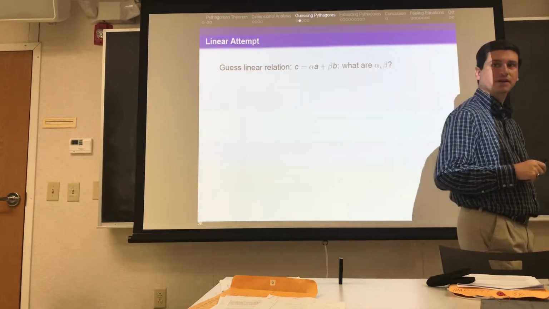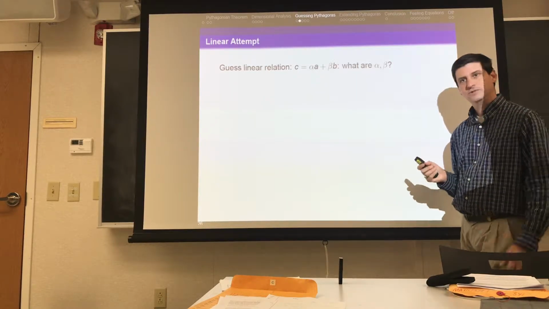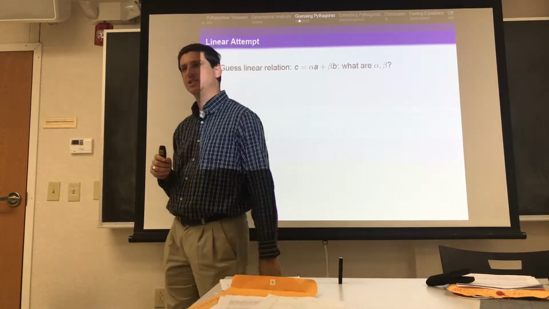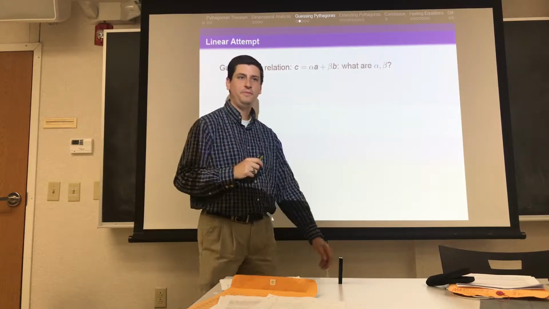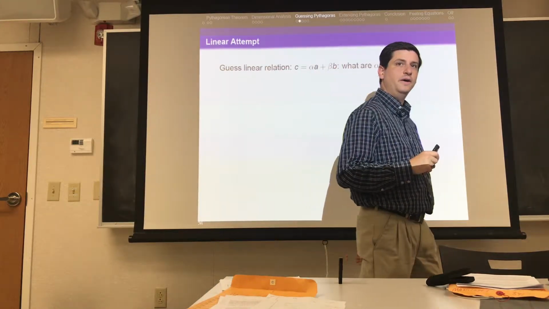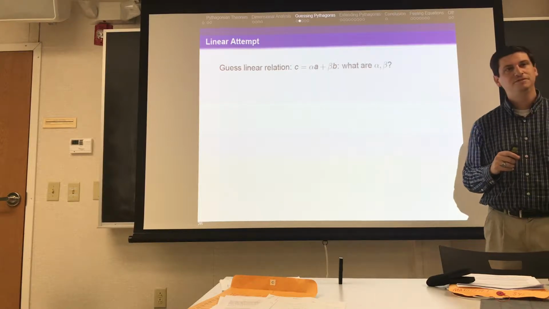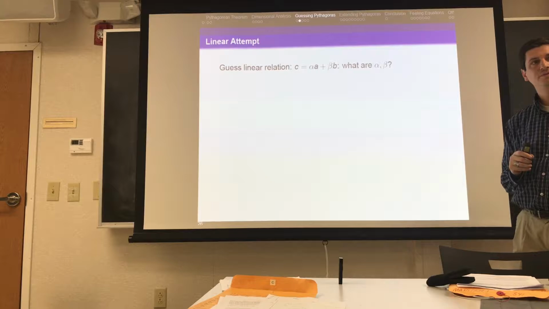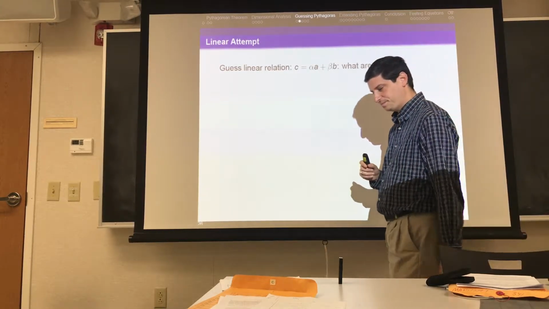Yes? They need to be equal to each other. So they need to be equal to each other. Good. What else? Do you have any idea what their value should be by looking at some special cases? I mean, if it's linear, if you have c and then alpha plus beta b, don't you have the issue that... never mind.